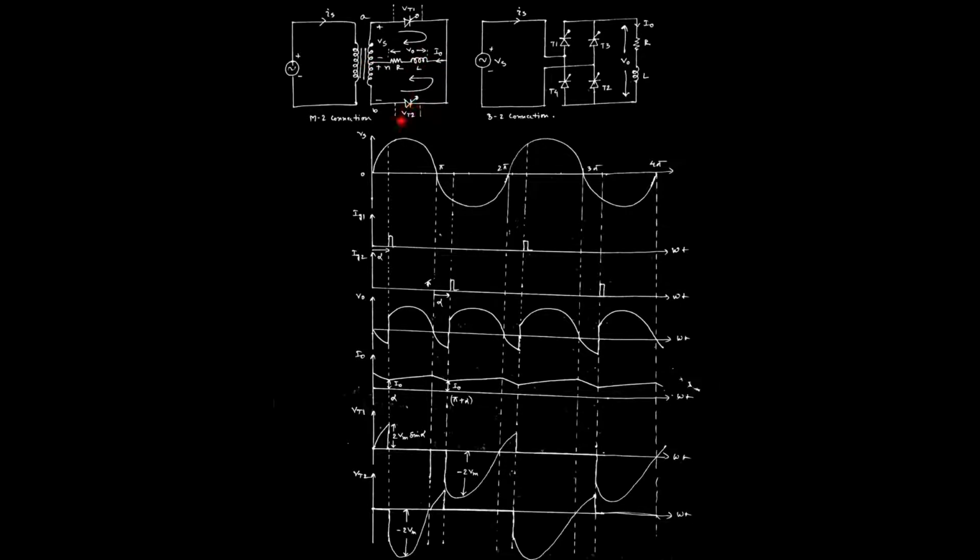Similarly, when thyristor T2 is fired for the negative half cycle, again the polarity of the load voltage will be positive and negative, and the current starts flowing from this direction. That means if we consider both current directions, they remain the same across the load, that is, right hand side to left hand side.